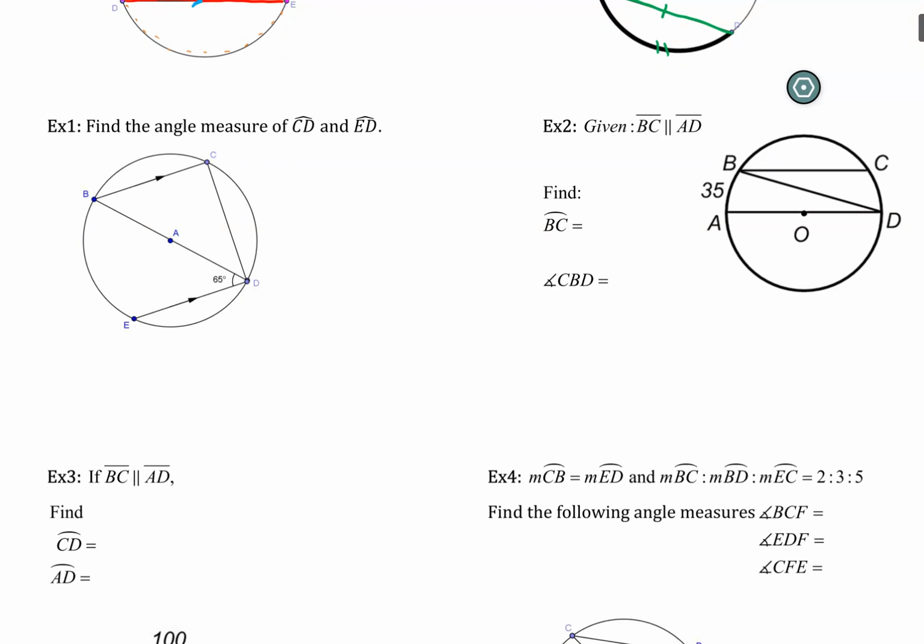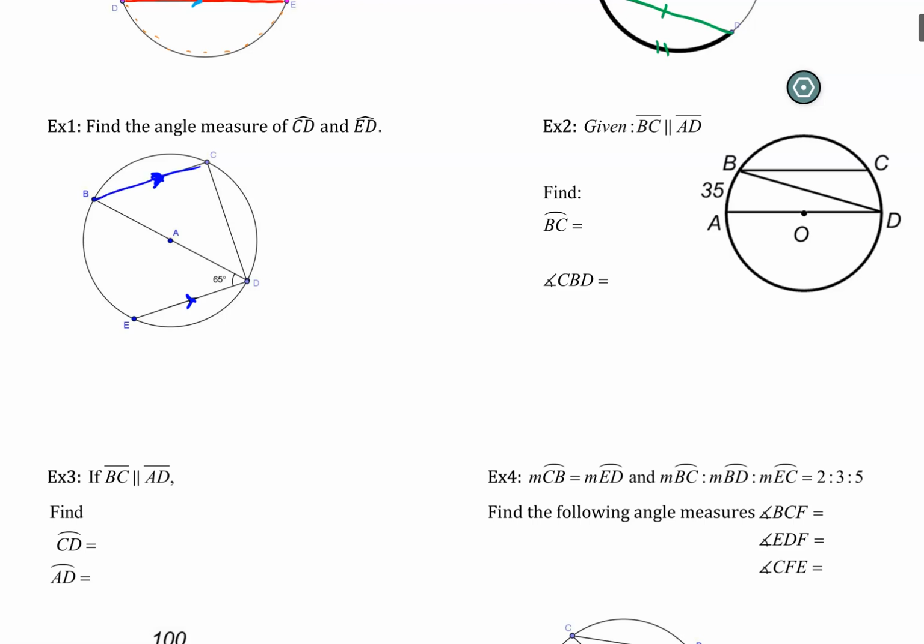In this first example, they're saying find the measure of arc CD and arc ED. In this particular case, I do notice that I have two parallel lines. These little carrots are telling me that these two are parallel.